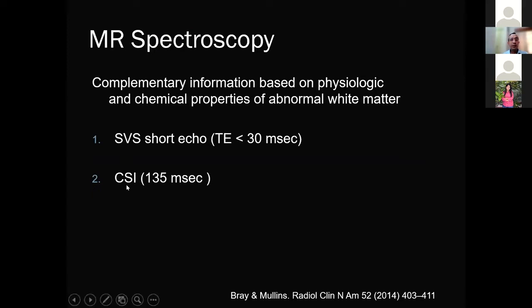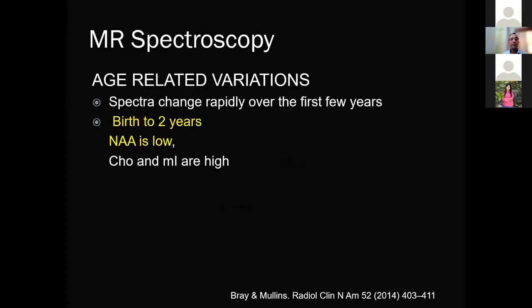You can do a single voxel or multi-voxel spectroscopy with short or intermediate echo time, depending upon the metabolites we are looking for in a particular disease. More importantly, it should be remembered that there are significant age-related variations in the spectroscopy, and the spectrum changes rapidly over the first few days.